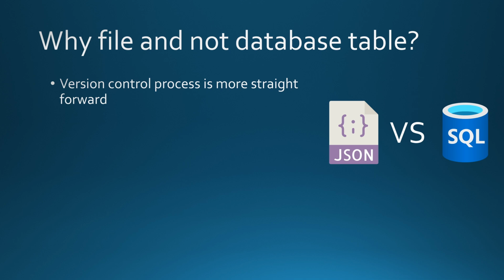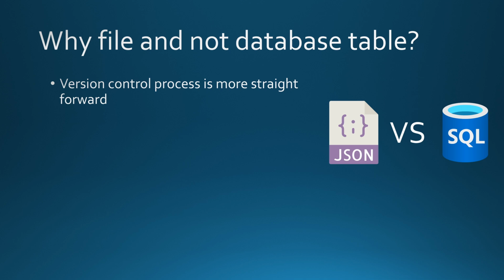Because for files, we can use, for example, AzCopy in our CI/CD pipelines in order to copy them to the correct location in the next environment when we are deploying the solution. With database tables, deploying that data is a bit harder, but it's possible to do, but I would say it's more difficult and not so straightforward.